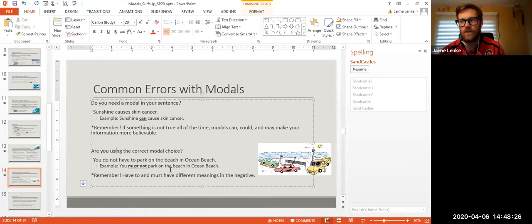If I'm giving you advice, I'm saying you shouldn't go to the beach, I'm basically just saying you're your own person, you can make your own decision, right? But if I was like a person of authority or a police officer, and I would say you must not go to the beach, that's where you're given more of a command. And so just a reminder, have to and must, they have different meanings. Have to is just kind of a softer version of must.